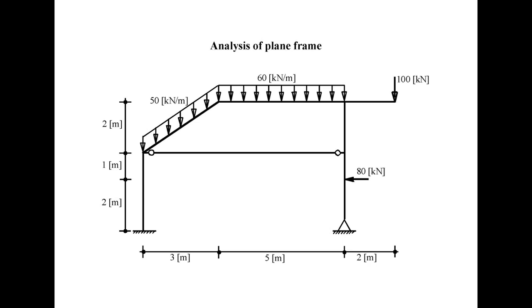Analysis of plane frame. An example for analyzing a plane frame is selected to illustrate some features of ELPLA for analyzing frames. Geometry of the frame and loads are shown.